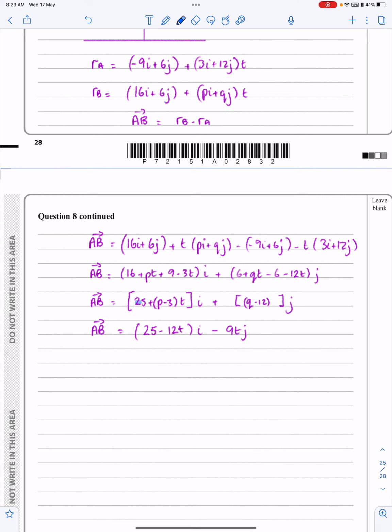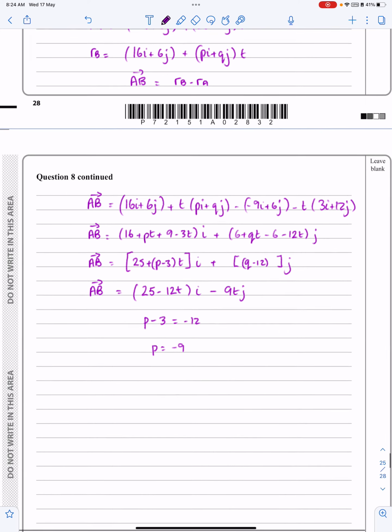I've got 25 plus p minus 3 and 25 minus 12. Well, then those are the same as each other, aren't they? So I'm going to get p minus 3 equals minus 12, so p equals minus 9.